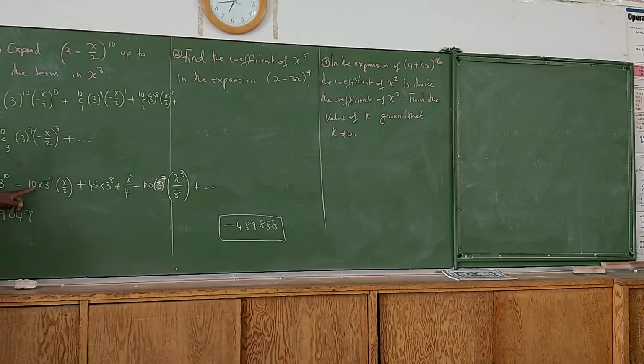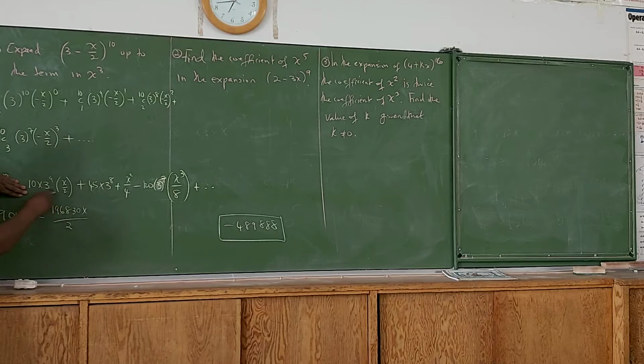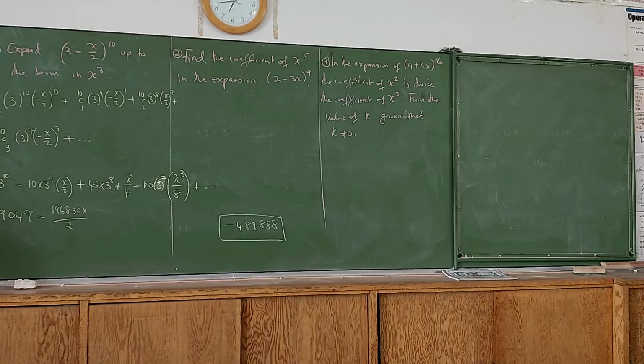Check: 3 to the power 9 times 10, now it's minus 196,830 x over 2, because you have got that 2 there. You see what I'm doing there? So I'm going to divide that later by 2.